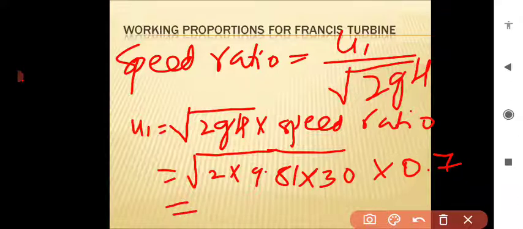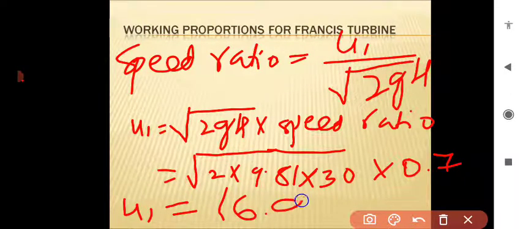If you solve this, you will get the u1 value. u1 is 16.98 meter per second. This is the u1.